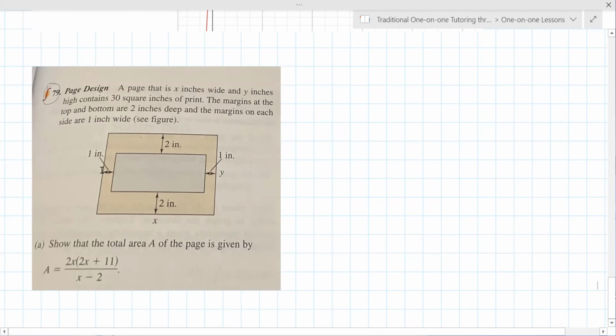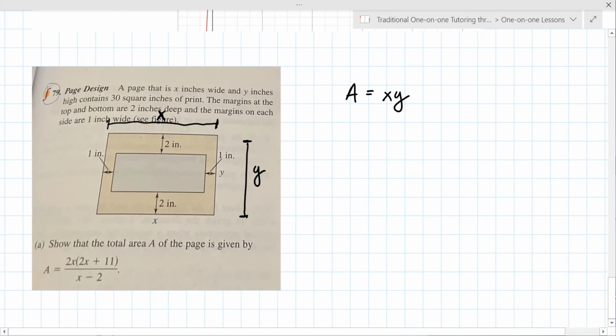This is slightly different from that box problem we did last time. They're saying the width is x and the height is y. So the area of the total thing is xy.